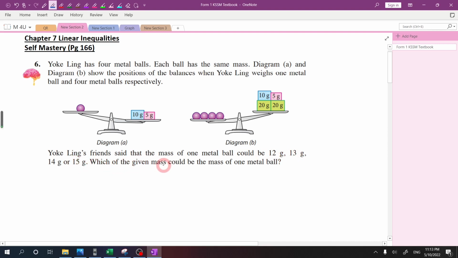Which of the given masses could be the mass of 1 metal ball? Okay, so now we need to form 2 inequalities. We can form 2 inequalities by referring to these 2 diagrams.